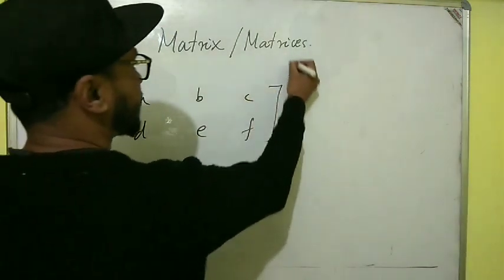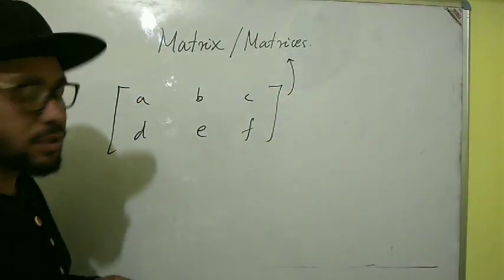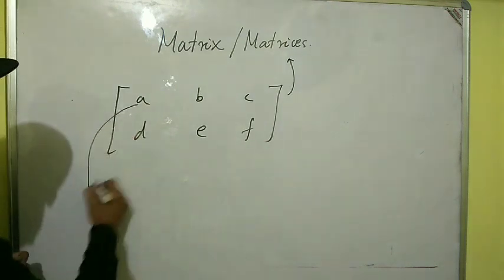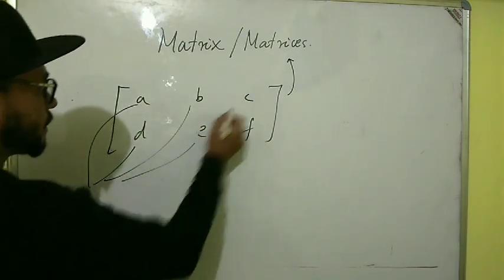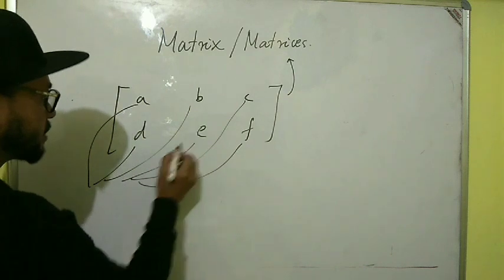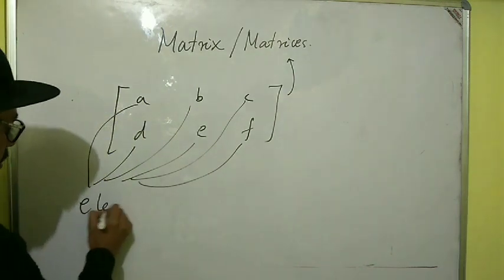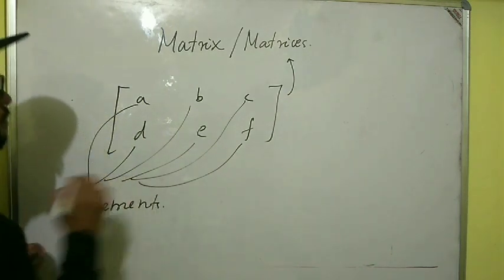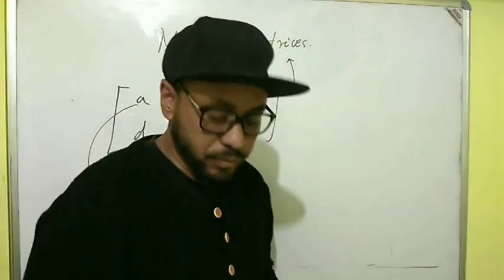Now this kind of arrangement is called a matrix. Now, all the numbers inside this box are called elements.